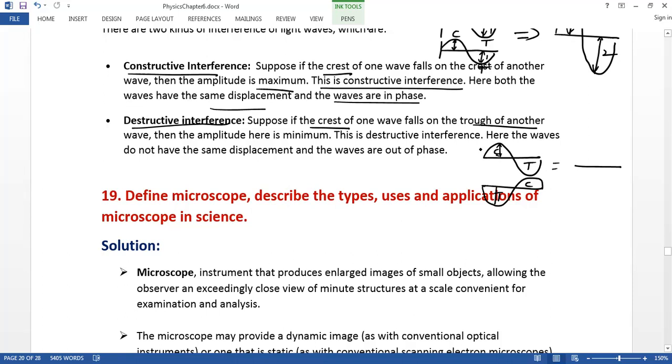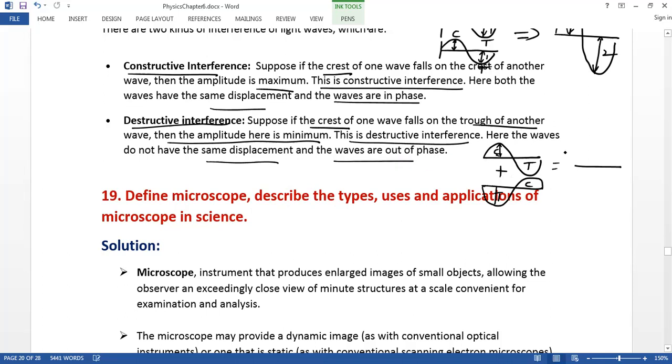Suppose the crest of one wave falls on the trough of another wave. If we add these two, there will be nullification of the wave. That is, the amplitude of the resultant will be minimum, and this process is called destructive interference. Here the waves do not have the same displacement and the waves are out of phase.